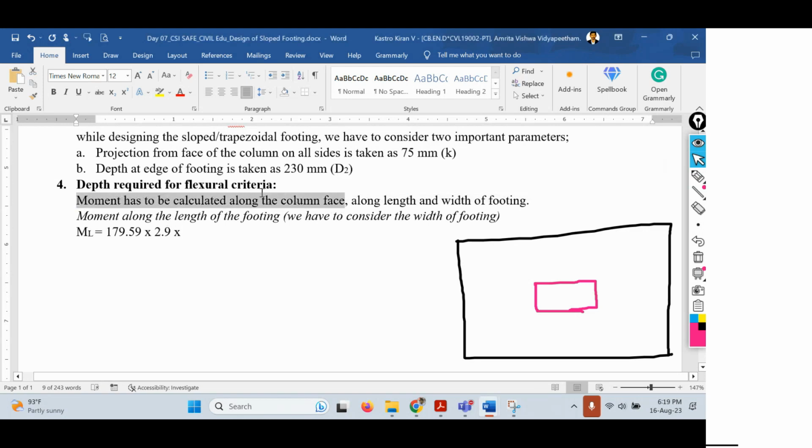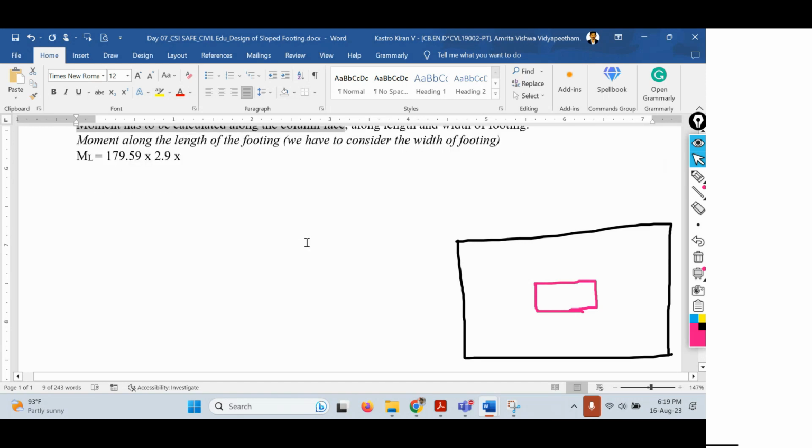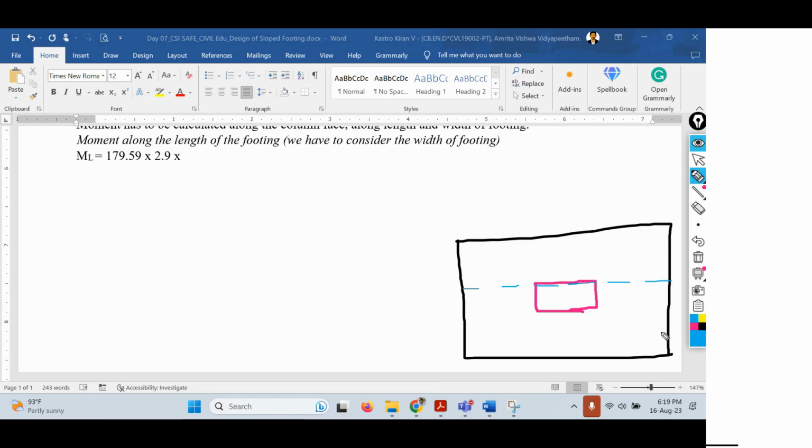How many column faces do we have? Two column faces. The first one is this one, and the second column face is this one. Along the length we have one column face, and along the width we have one column face.